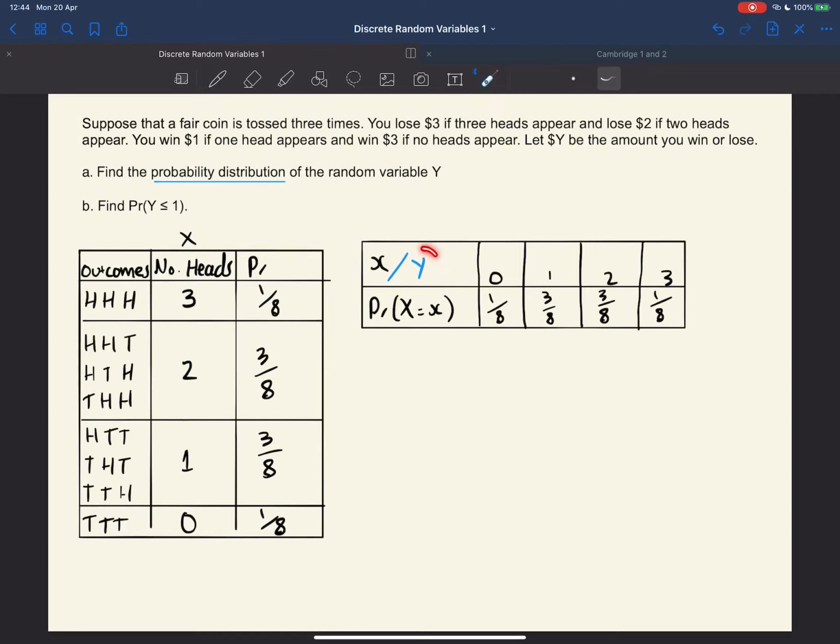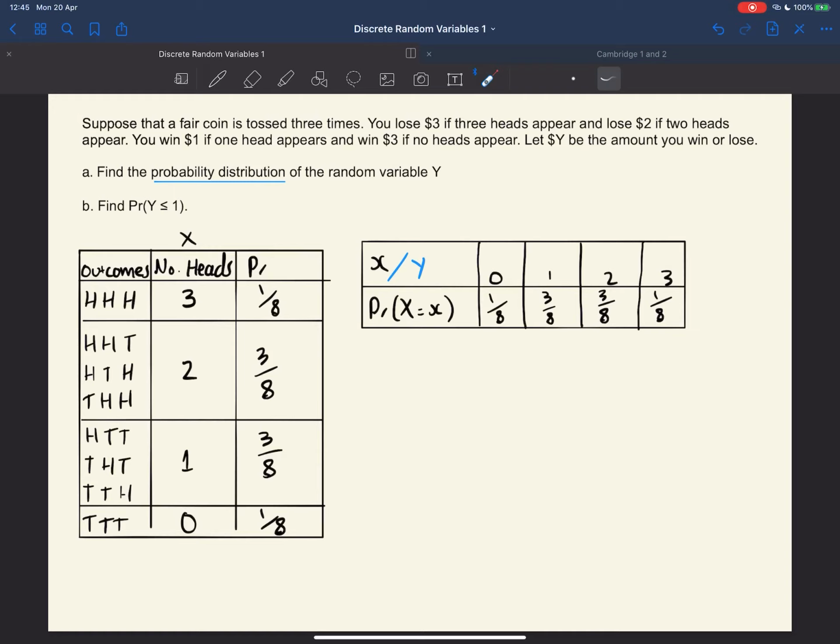How do we reflect this change in our data? Well, remember, y is the number of dollars we win or lose. So let's see if we can convert our sample, or not our sample space, but rather the number of options, the particular options that could occur, and let's convert them to the dollars that they would translate to.